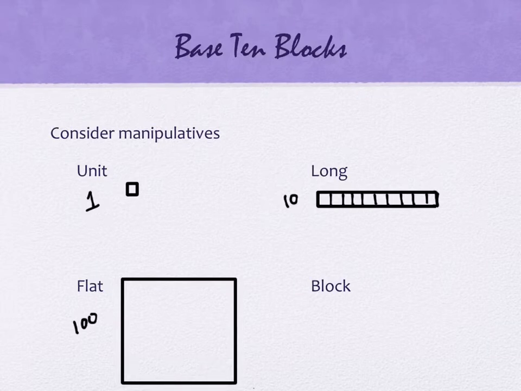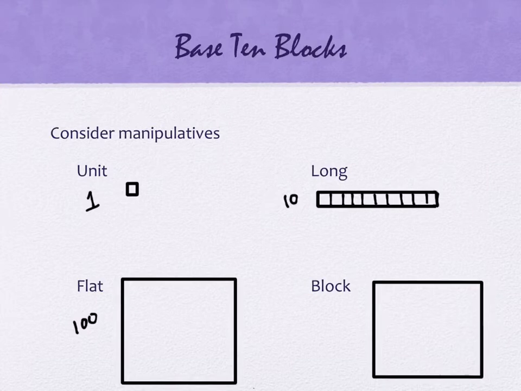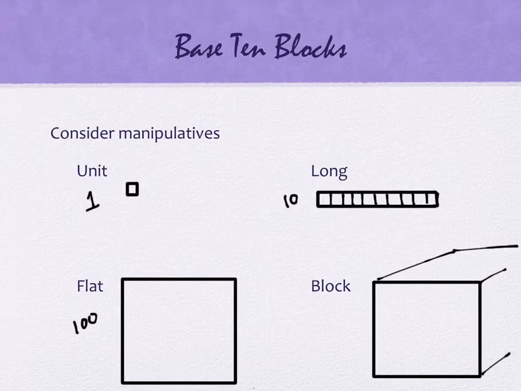And then an actual block is 3-dimensional. That's not perfect, but it's not too bad. So imagine our 3 dimensions there, right? So how much is a block worth? 1,000.